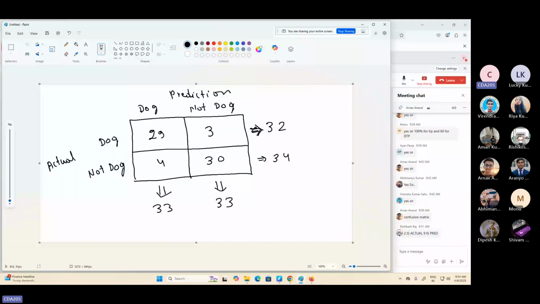Are you clear with this example, everyone? Kindly go through this. If not understood, you can ask. I am giving you 5 minutes to go through this. Understand each number.